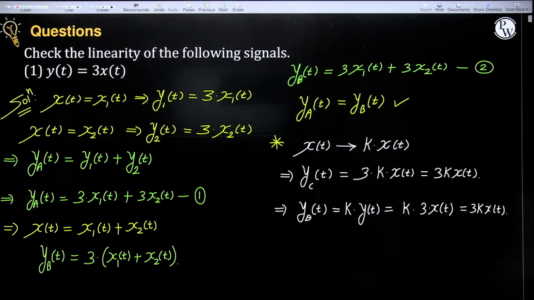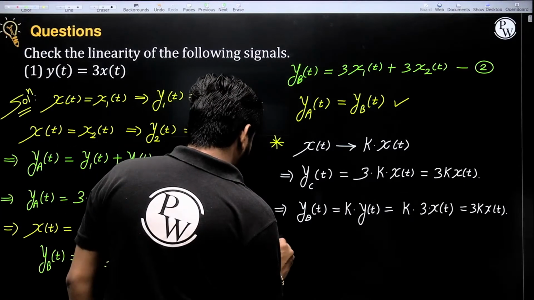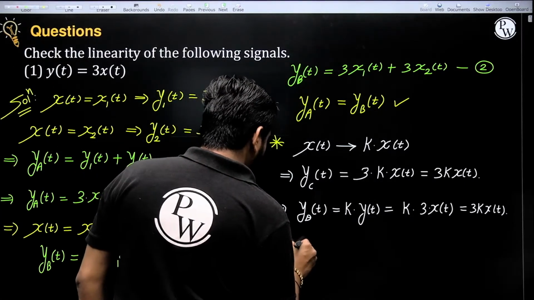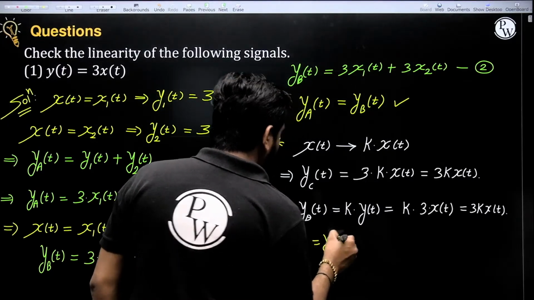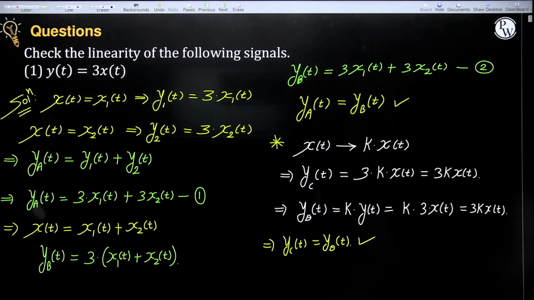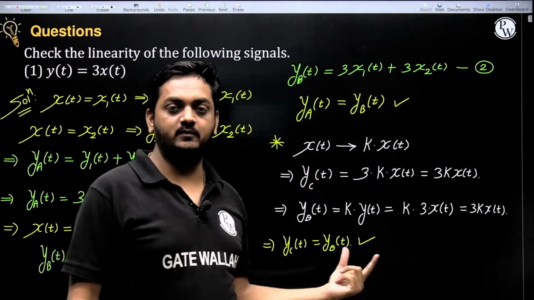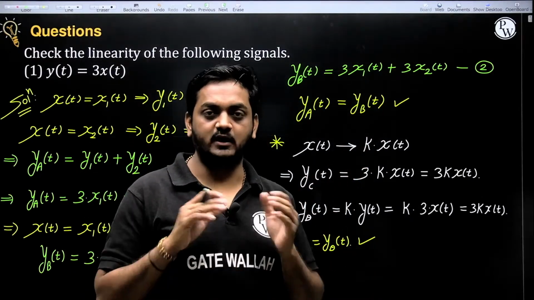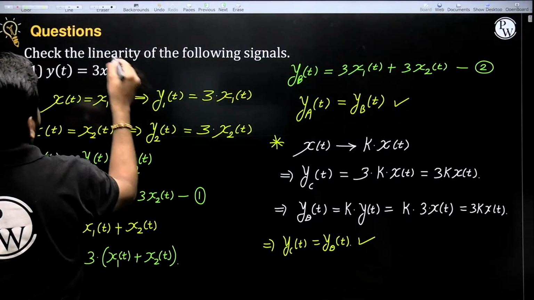Now compare yc of t and yd of t. So here yc of t is equal to yd of t. So it satisfies the homogeneity theorem also. So this system satisfies the superposition theorem as well as the homogeneity theorem. That's why you can say the given system is a linear system.